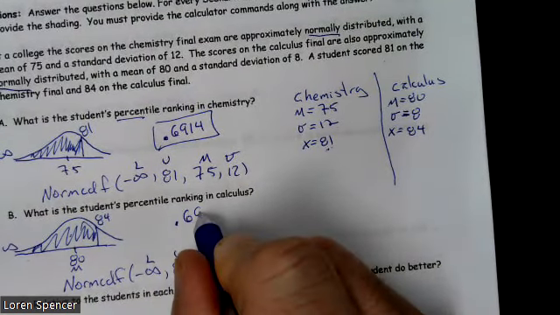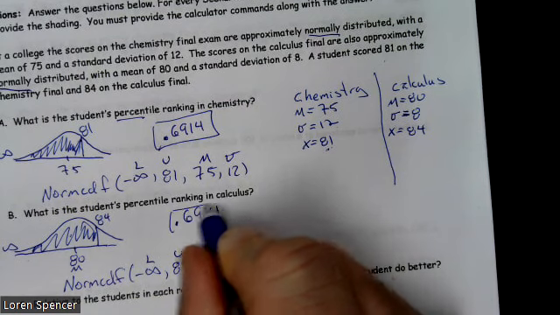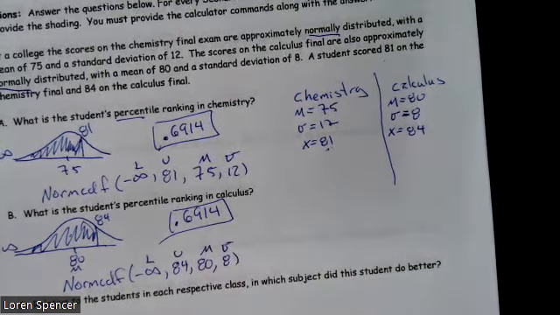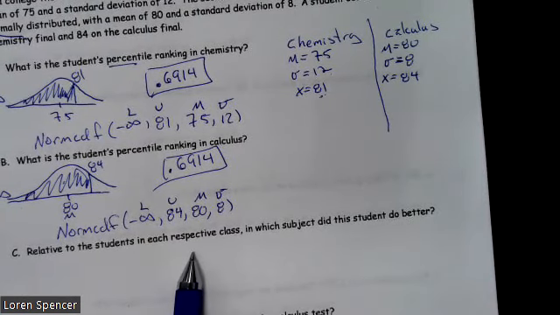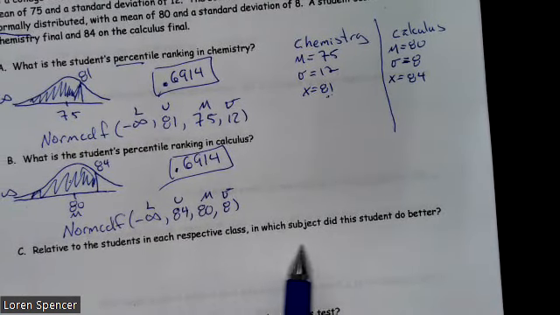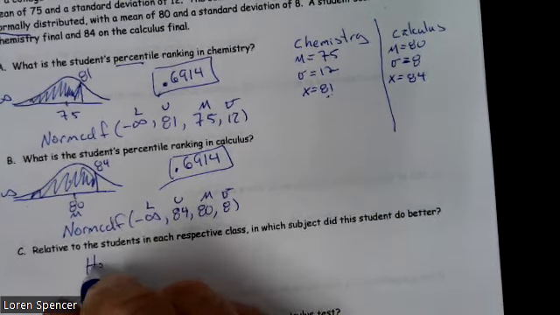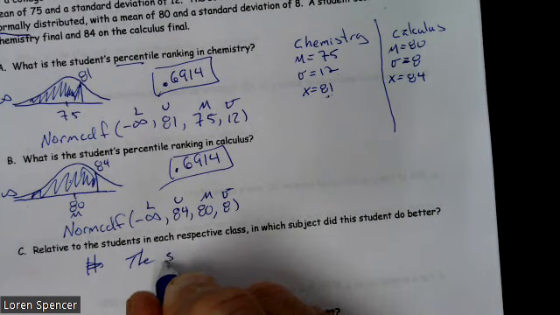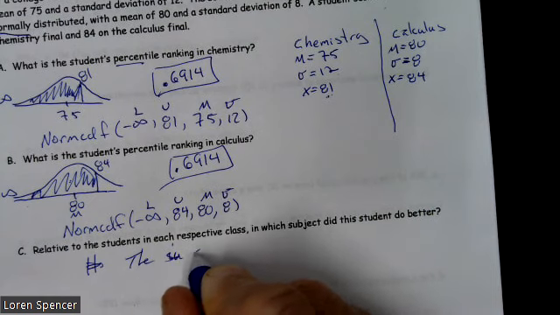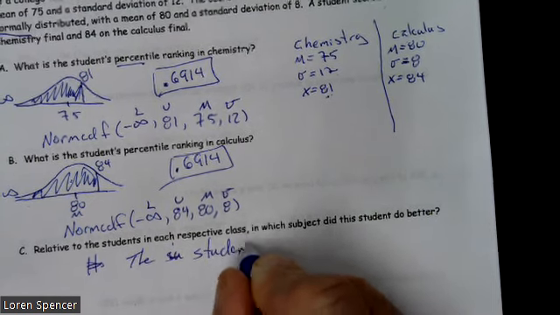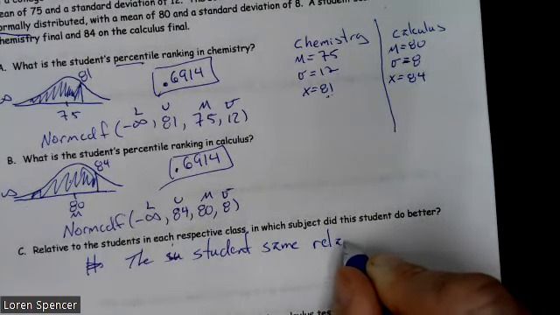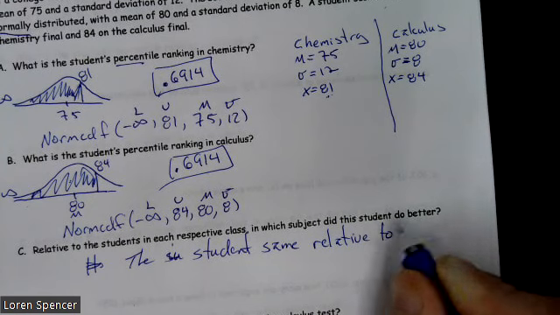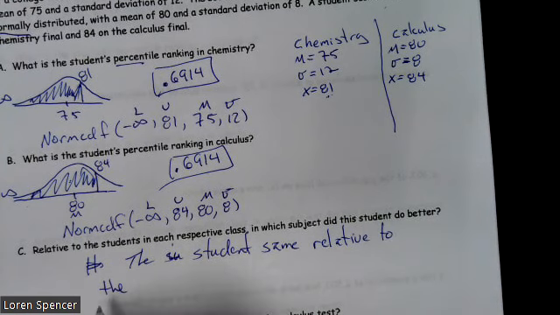Interestingly, even though the scores are different and the distribution is different, you have a different mean and different standard deviation, we answer: which did the student do better in relative to everyone in that class? The student did the same, relative to the other students, or as compared.